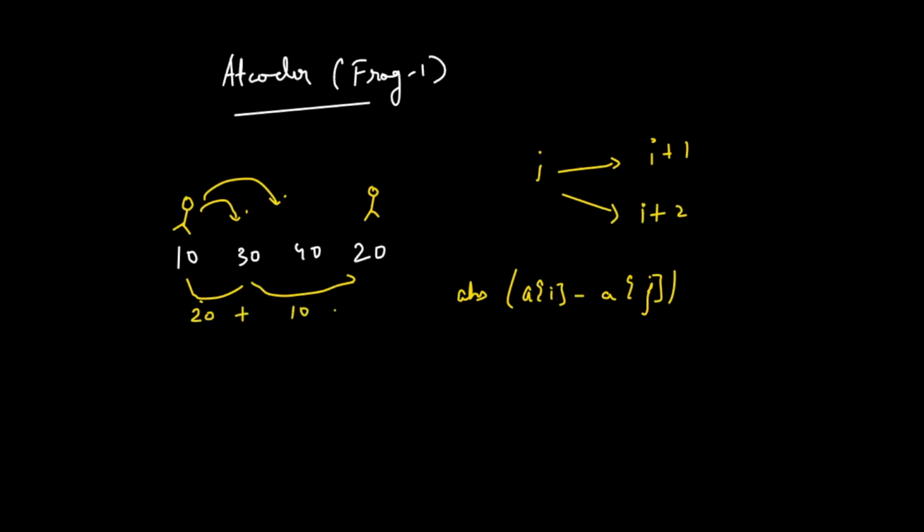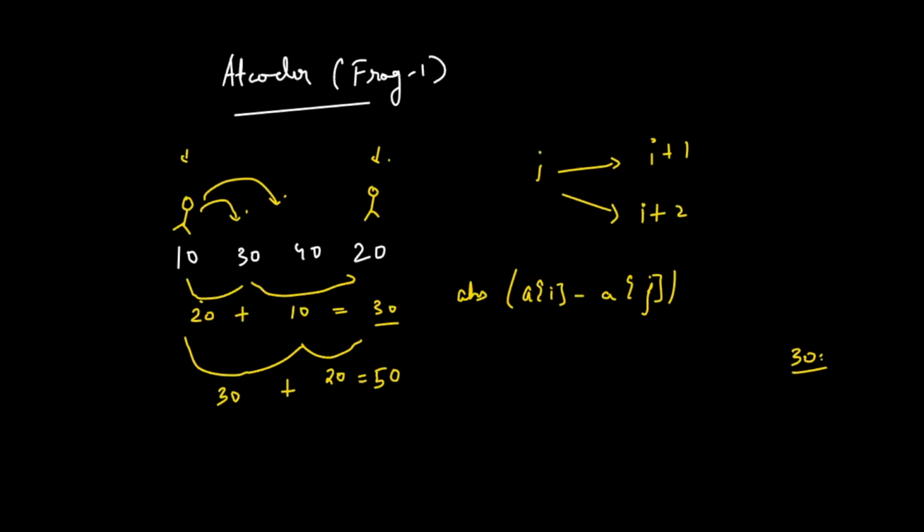You can sum it up, that gives 30. The other possible way is he jumps from 10 to 40 and then 40 to 20. So 10 to 40 costs 30, 40 to 20 costs 20, so the total is 50. You have to find the minimum possible cost at which he can reach from the start to the end. Over here, the minimum possible cost is 30, so 30 is our answer.